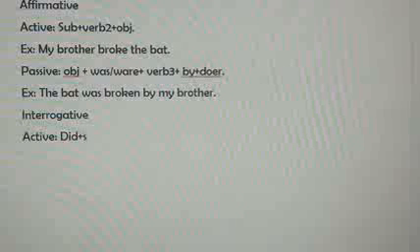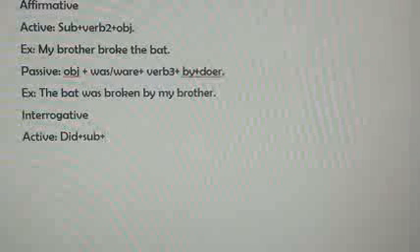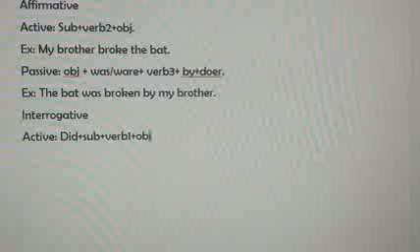After that, subject will take place, and in the interrogative of past tense, we will use the first form of verb. After that I will place an object, along with the sign of interrogation.